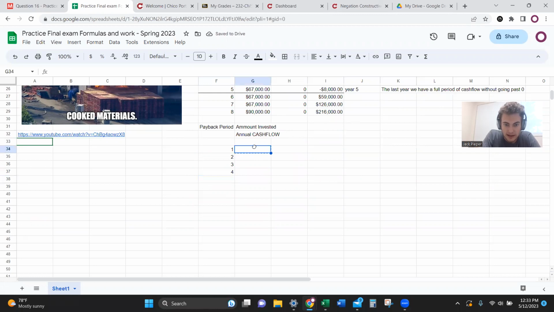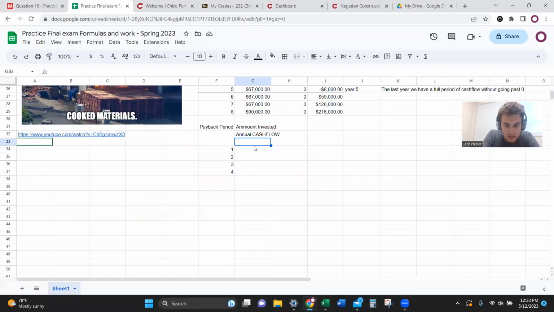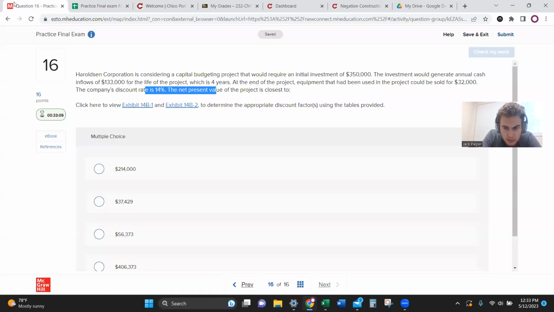And then we can do our cash inflows, right? So it says 132,000 for the life of the project every year. And again, that's in dollars. And then we'll add in the scrap value at the end because that's a cash flow we get back. So 32,000.